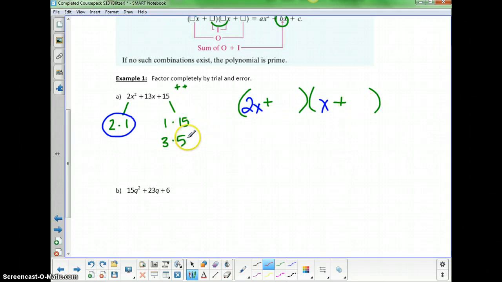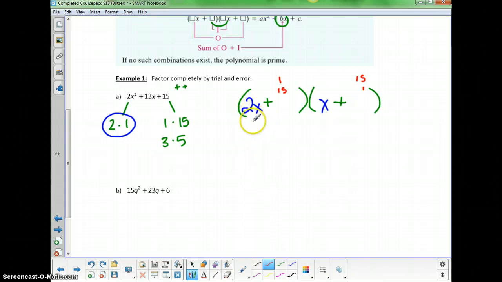I actually have 2 choices, which is really 4 choices when you think about it, because if I put a 1 here and a 15 here, that's going to be different from putting a 15 here and a 1 here, because it'll be 2x plus 1 is different from 2x plus 15, and x plus 1 is different from x plus 15.